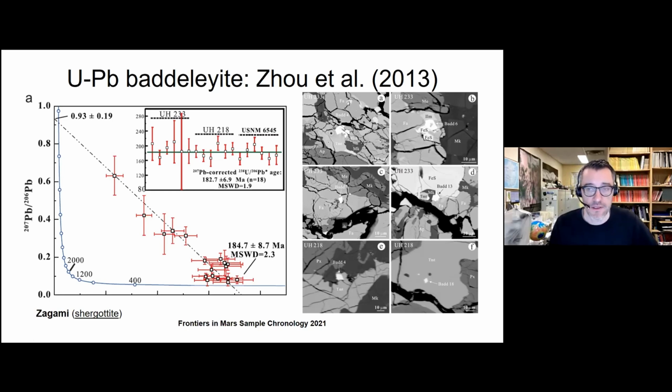The advantage of baddeleyite is that, like zircon, it excludes common lead when it crystallizes, and it's a really good capture, and it sees through most shock. So this is further support for the crystallization age being young.